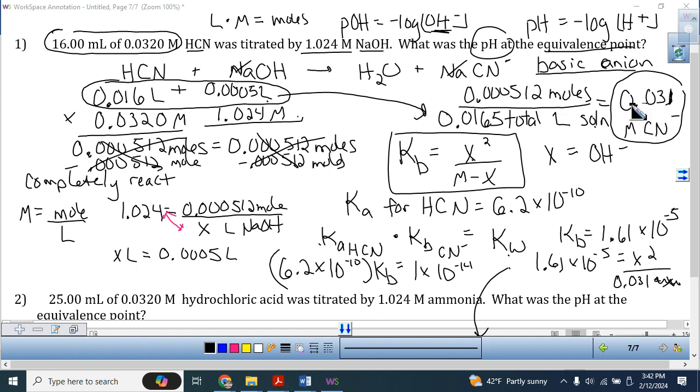Once you have the concentration, figure out whether you're looking at an acidic salt or basic salt. If it's a basic salt, you're going to use your Kb and you're going to solve for X. Your X will be your OH minus. From there, find your pOH and then your pH.